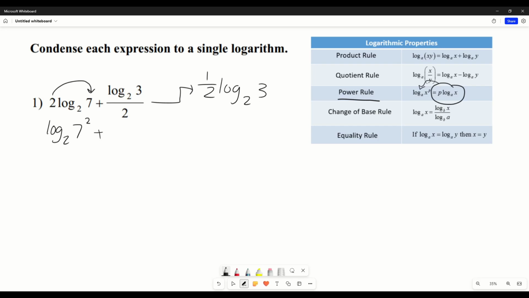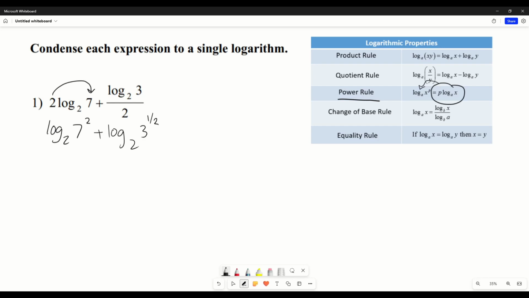When you multiply 1/2 to log base 2 of 3, it becomes log base 2 of 3 over 2. You see how it resembles it? So this over 2 is just 1/2. Let me erase this for more space. So we write log base 2 of 3 to the 1/2.